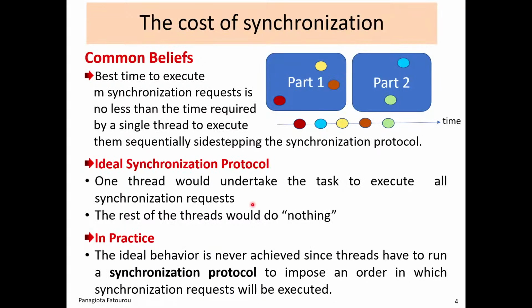And we're not going to stop writing parallel algorithms just because there are small sections that the threads need to synchronize, because other parts can be executed concurrently and give speedup. But what we have to do is come up with synchronization protocols that have low cost, and therefore the cost of synchronization that we pay is not that big when the execution arrives at these code segments.